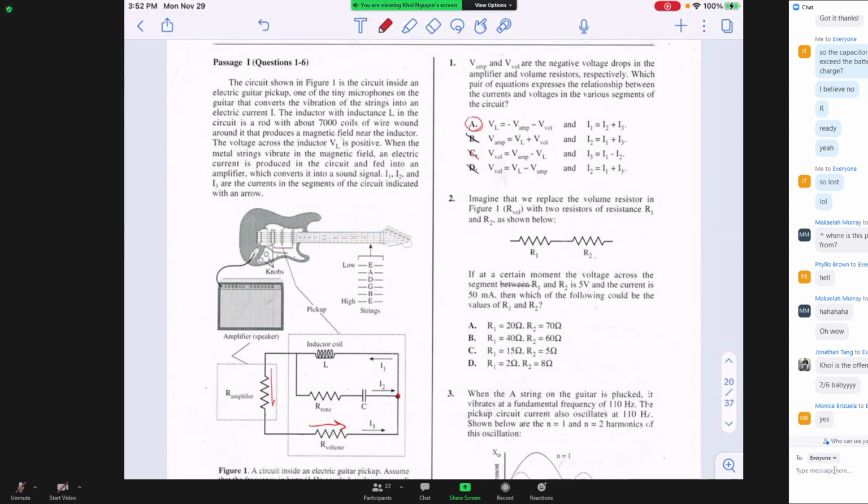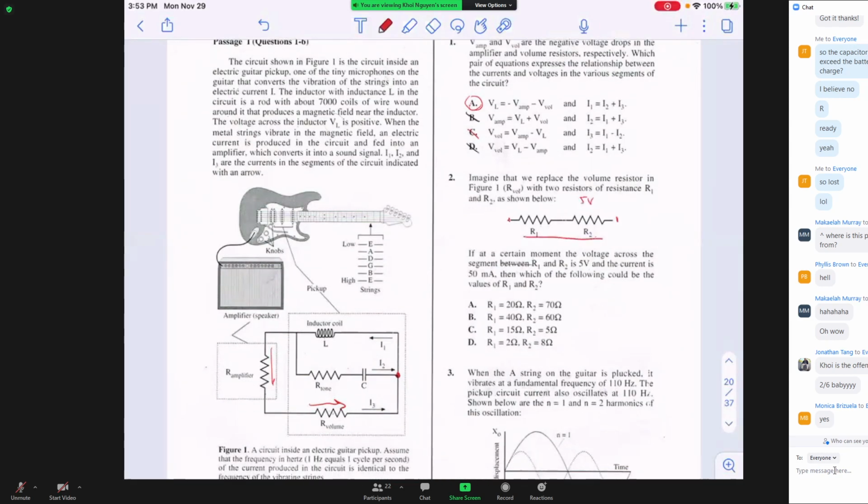If at a certain moment the voltage across the segment R1 and R2 is 5 volts, they're saying it's 5 volts across the whole section, and the current is 50 milliamps, which of the following could be the value of the resistances? So it's 5 volts across here, and the current going across there is 50 milliamps, or 0.05 amps.